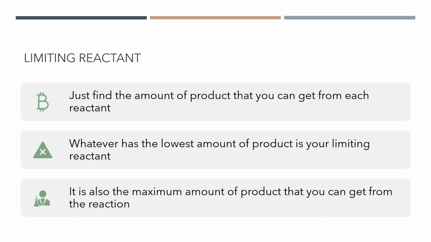To find the limiting reactant of a reaction, you have to determine which reactant is going to get you the lowest amount of product, because you can only use up as much as the lowest reactant you have. Like, let's say you're making a cake and it requires 3 eggs for every cup of flour. Let's say you had 3 cups of flour but only 1, 2, 3, 5 eggs.